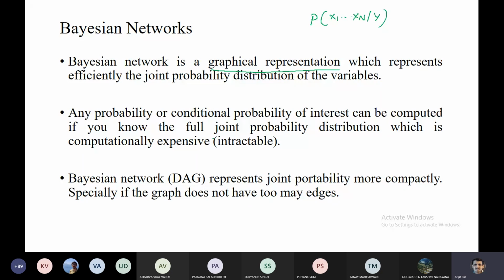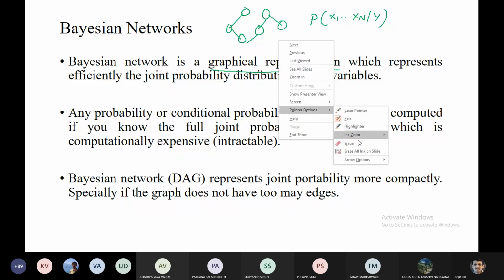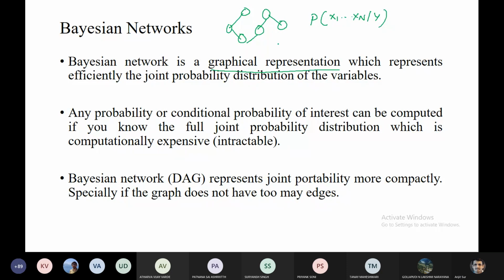So in this way, we basically build the network as per our previous slides.